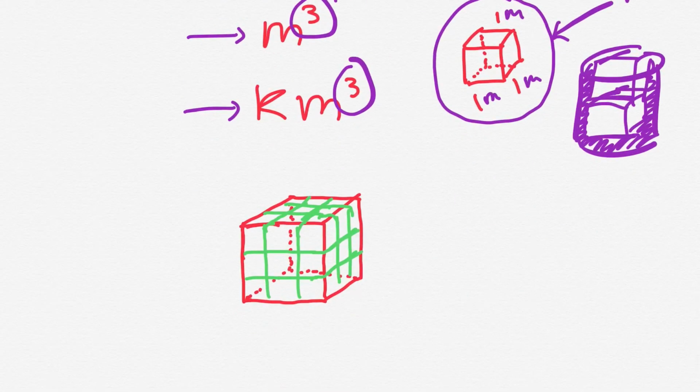So we're going to go over some of the formulas in the next video, but just as a little gist, if this is a 3 meter by 3 meter by 3 meter shape, we're going to ask ourselves, how many of these 1 by 1 by 1 cubes can we fit in there?